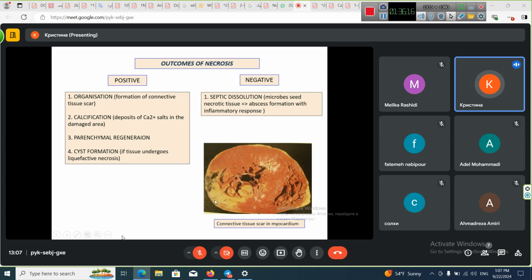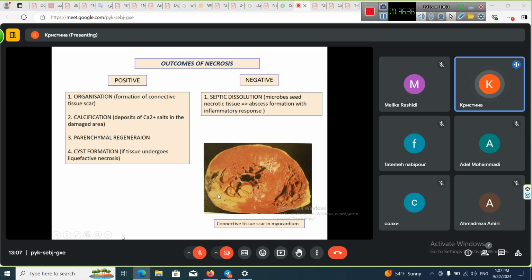All this area is pale yellow in color. This is also the wall of the left ventricle, but here it contains cardiac muscle cells, and here no cardiac muscle cells. They all are dead because of infarction, because of lack of oxygen.